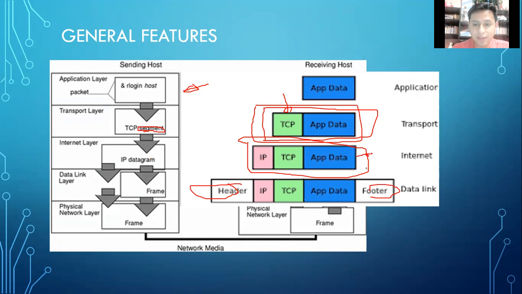The name of this grouping is packet. Here, all this group is the frame. The Ethernet frame is delivered to the physical network layer.